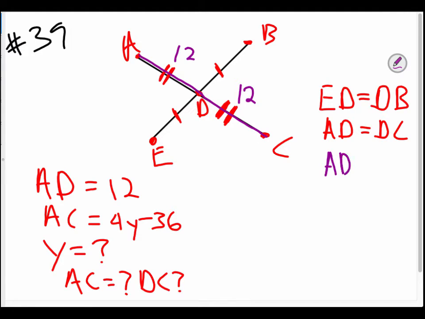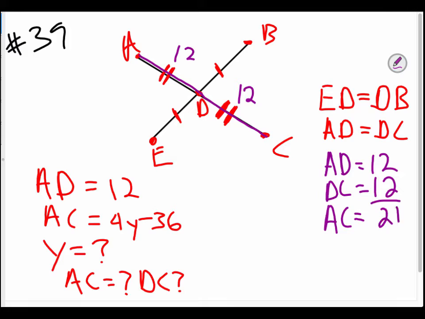So if AD is 12 and DC is 12, we said yesterday that the sum of the parts is equal to the whole, so those two line segments should add up, and that would mean that A to C is the sum of these two, which is 24. Now we've got to verify that. Well, what's another way to do that?